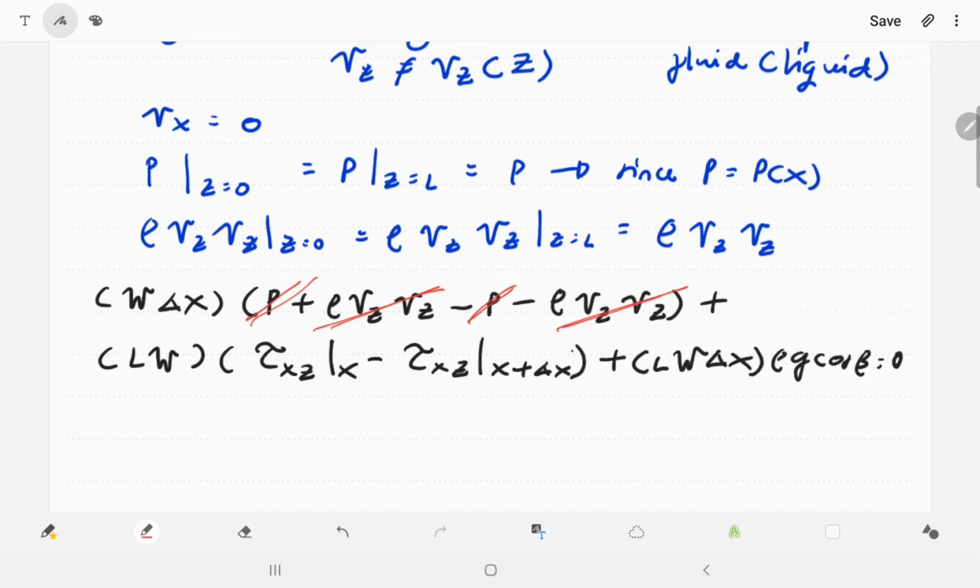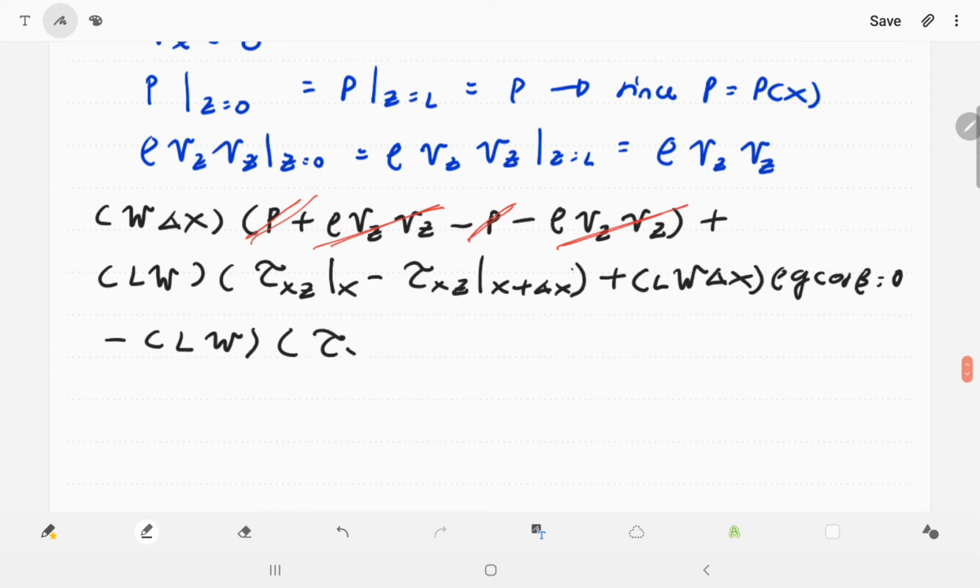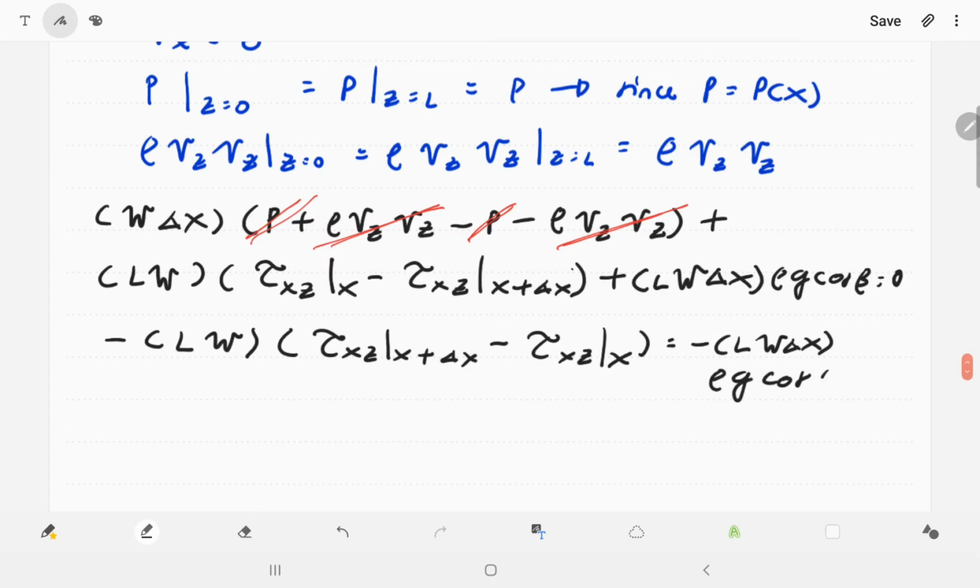Then in essence, if we continue again, we get that this minus L W tau xz at x plus delta x minus tau xz at x will be equal to minus L W delta x rho g cos beta.